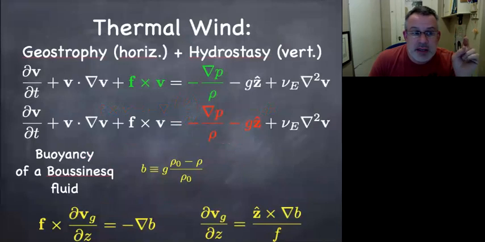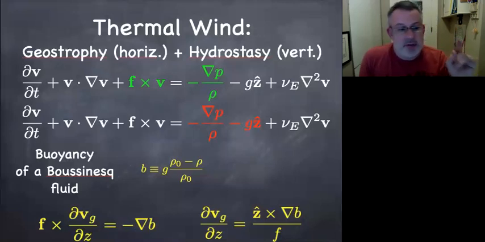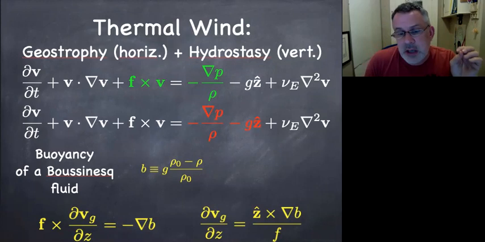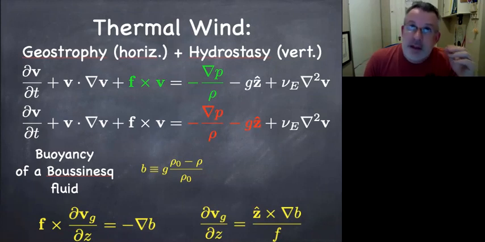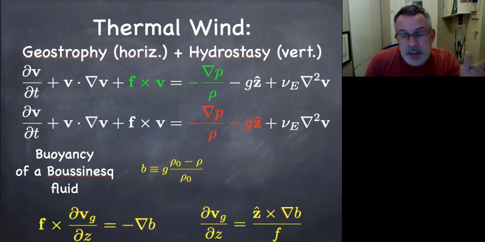So the thermal wind is geostrophic in the horizontal, hydrostatic in the vertical, but unlike the Taylor-Proudman theorem, we have no assumption that the density is constant from place to place, as in the constant density version of the geostrophic flow, nor is it simply barotropic geostrophy, that is where the density is a function of the pressure alone and not of anything else, like location in space or salinity or temperature, just rho of P.